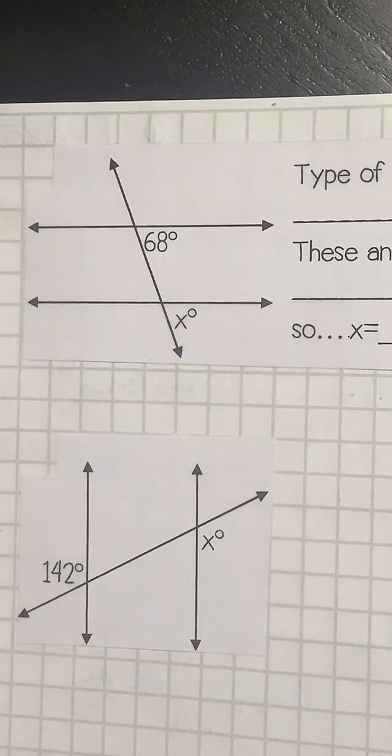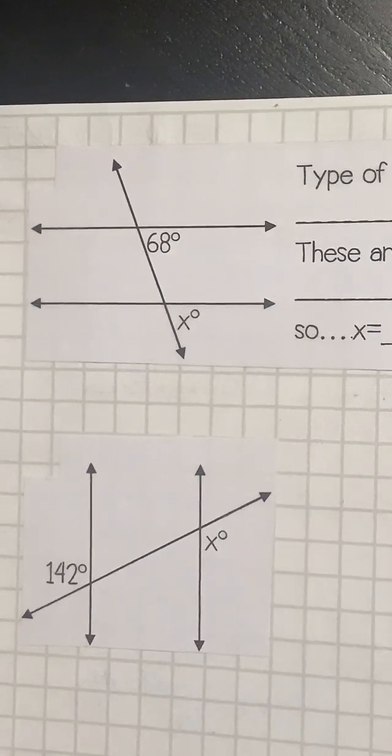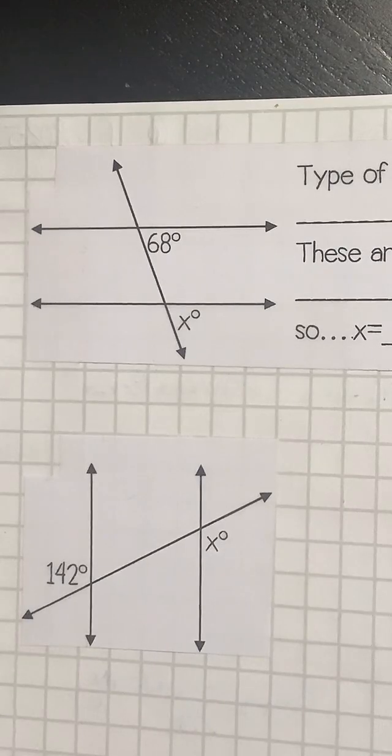What type of angles do we have? And what is X? Pog is saying corresponding and X equals 68. Too easy, way too easy. So what's my answer?